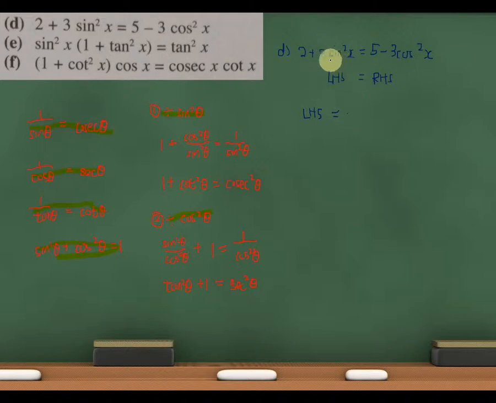Before you begin, you need to analyze this. I must change from a sine to a cosine, and the only way to do that is by using this identity. Sine square is equivalent to bringing cosine square over, so it will be 1 minus cosine square theta, or in this case x, so do follow the angle.